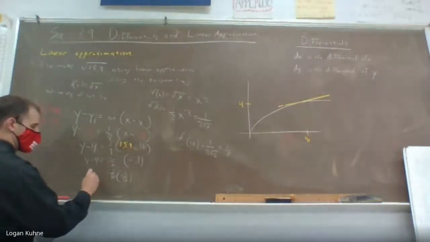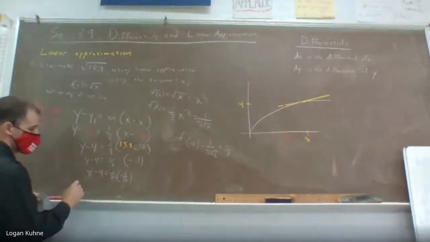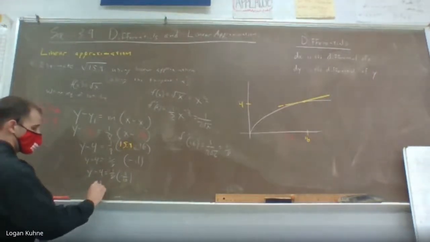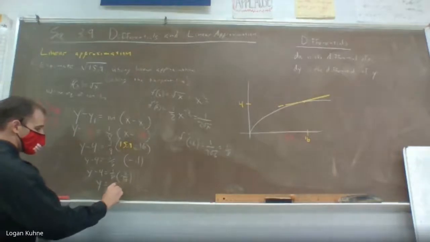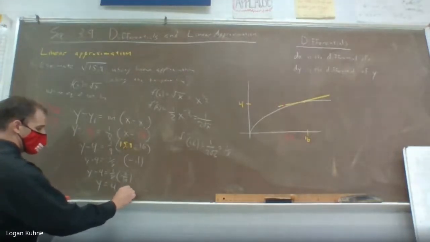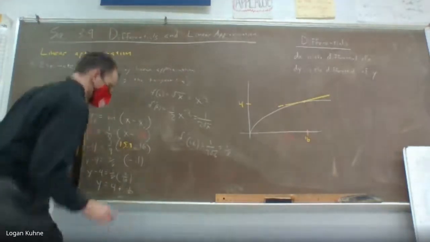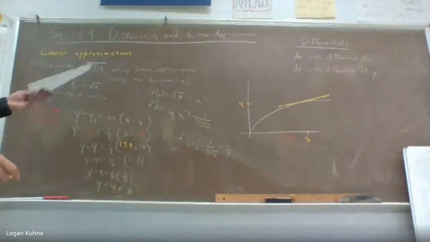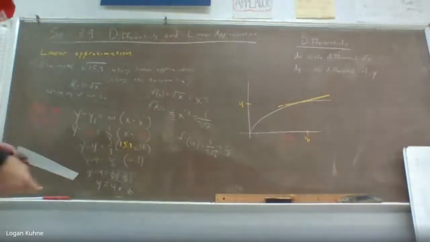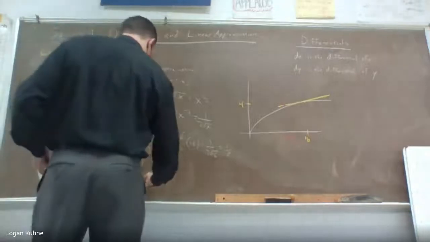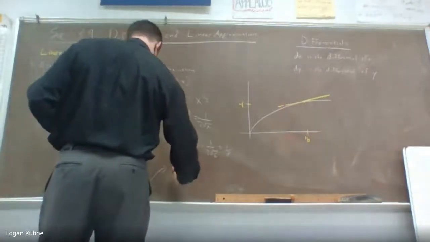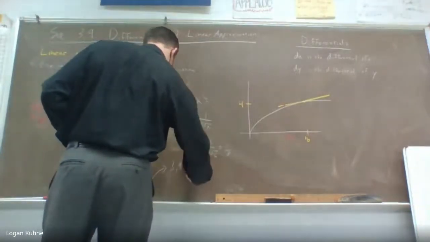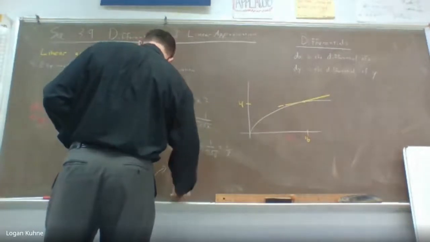That's going to be negative 1/80th. So I'm going to add 4 to both sides. y is equal to 4 plus negative 1/80th. When I do this, I can figure this out by hand if I need to, but it would just be 3.9875.